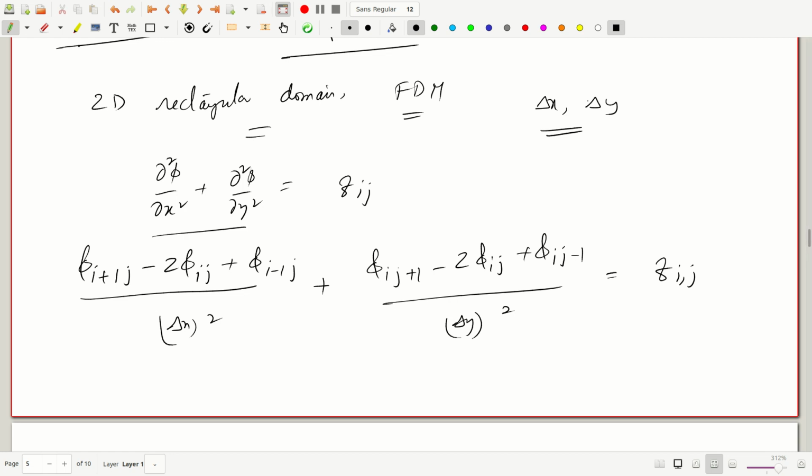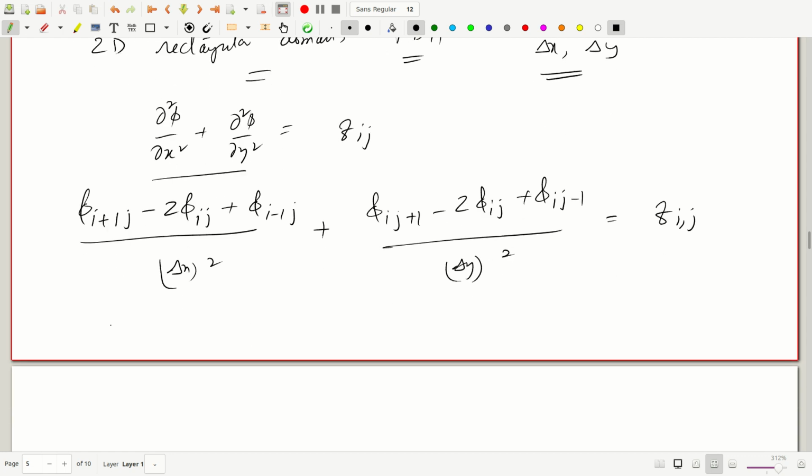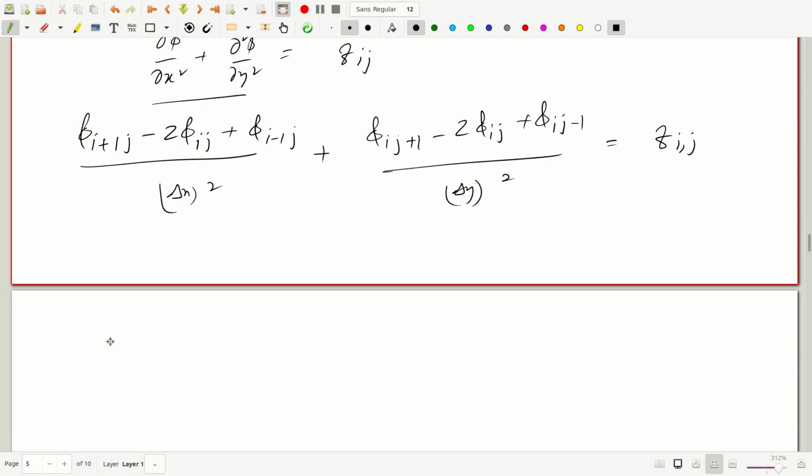Now we have to solve this using either a Jacobi method or a Gauss Seidel method.